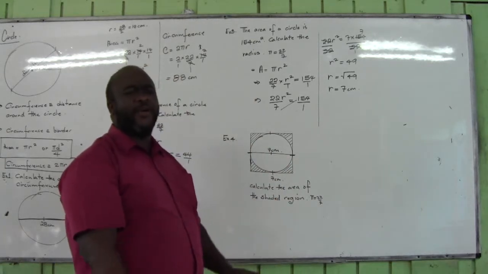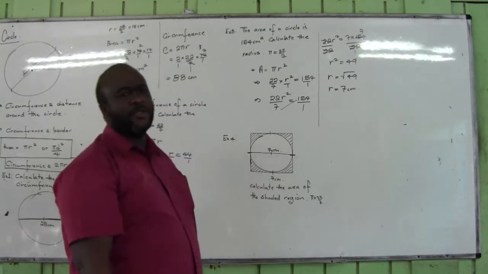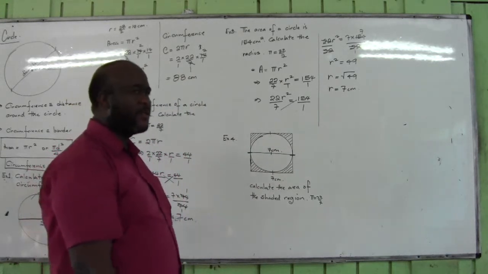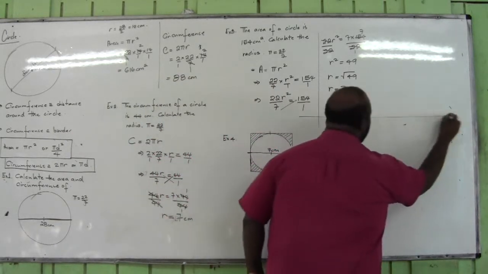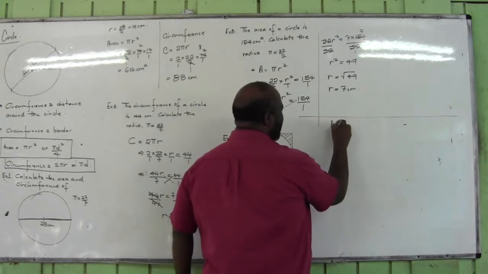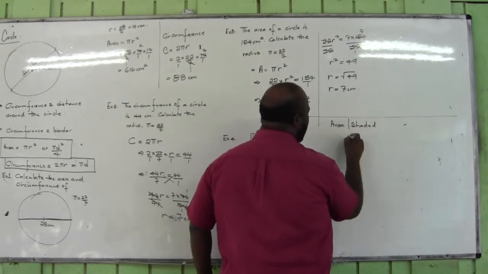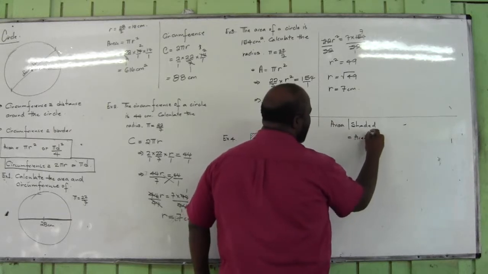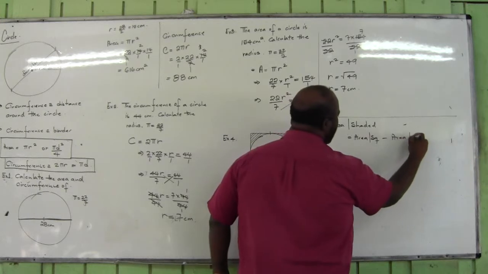But I don't want that area. I want the area after I take out the circle. So if I want to go directly for the answer, the area of the shaded region would be equal to the area of the square minus the area of the circle.